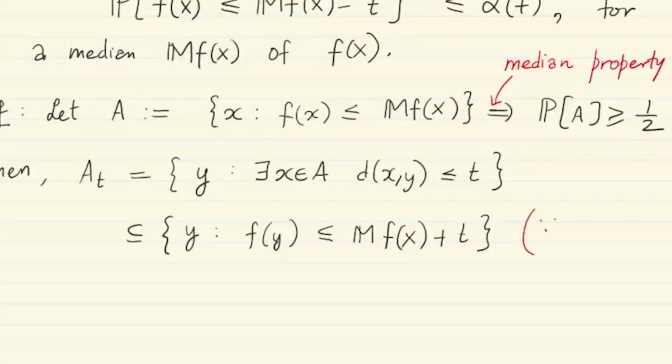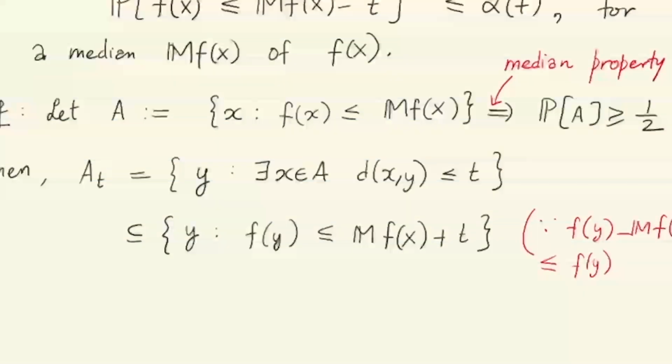Because you can write f of y minus M f of x is less than or equal to f of y minus f of x, since any such x is assumed to belong to A, so we know that f of x is upper bounded by M f of x, and we can replace M f of x by f of x.